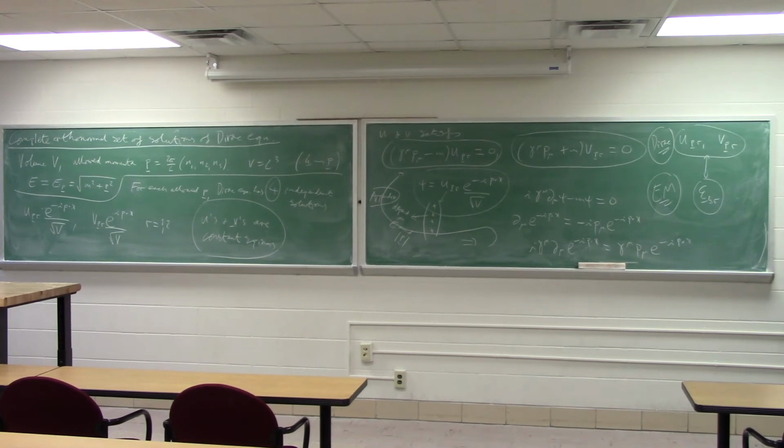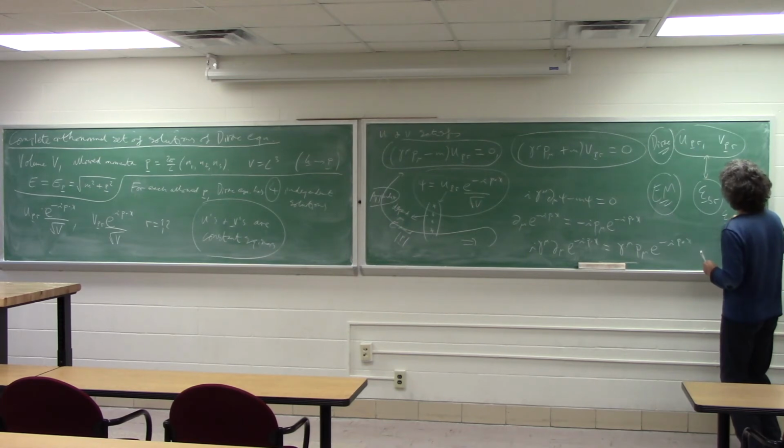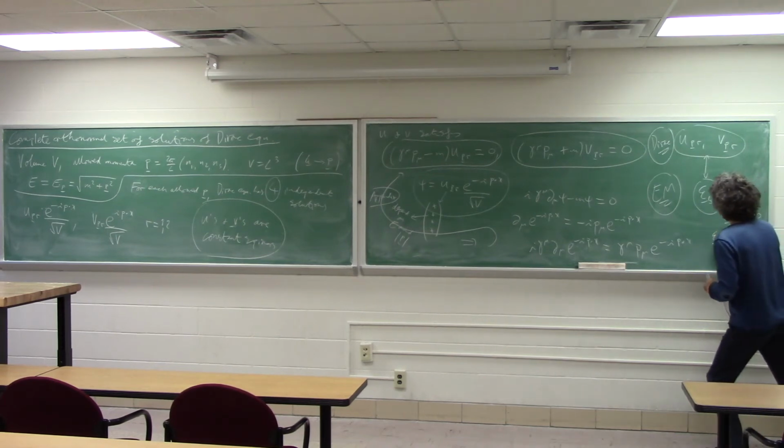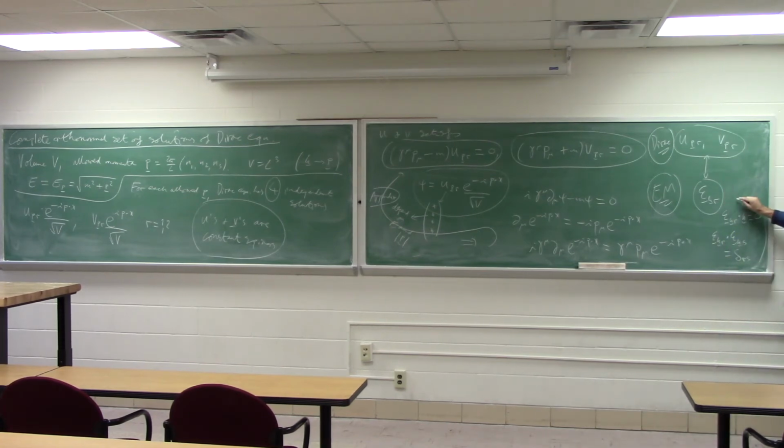Now if you go back and think, which properties did we use of these? The only properties we used was that they are orthogonal to k, and that they are orthonormal, equal to delta_rs.